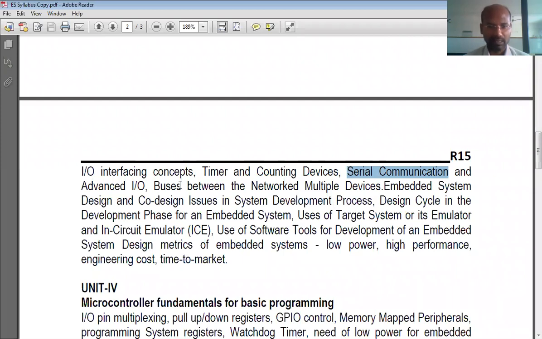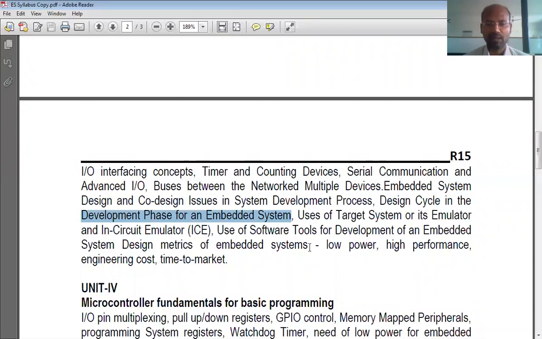Okay. And here we also talk about different phases of embedded system development. See, embedded system design and development doesn't happen in one step. It takes several steps. In the first step, we make the plan. In the second step, we go and buy all the components. In the third step, we start building.